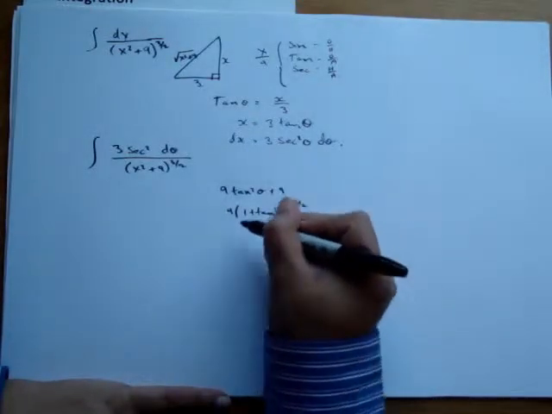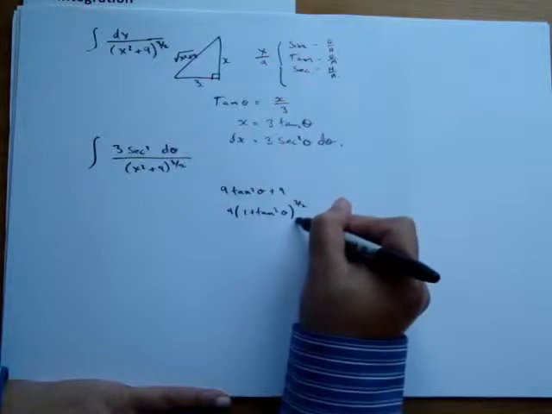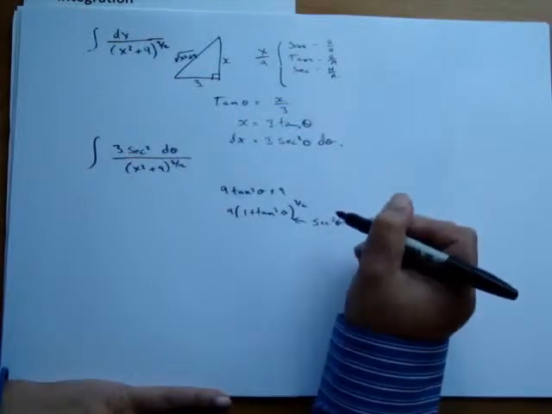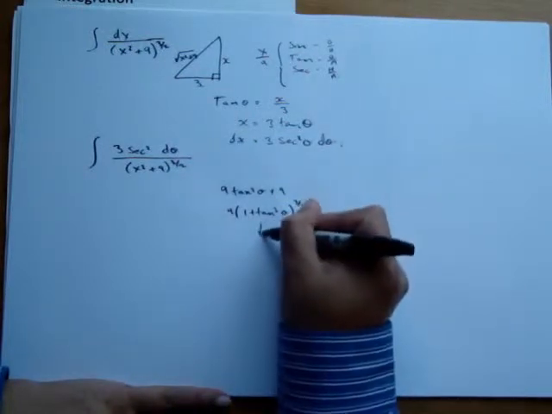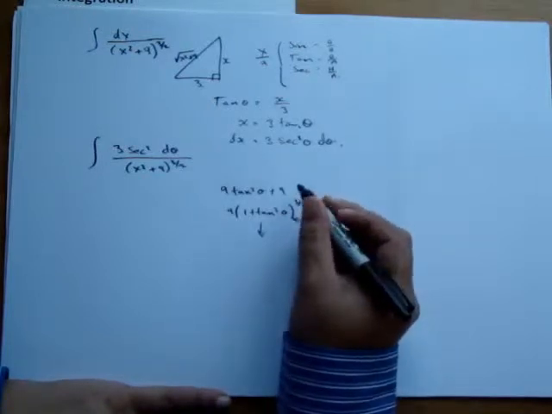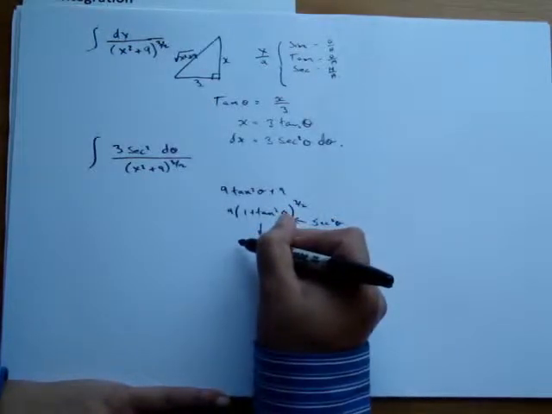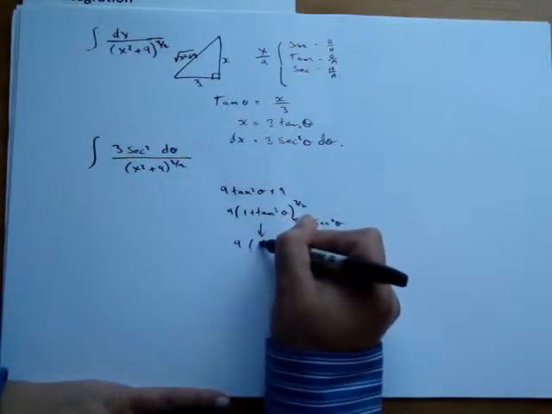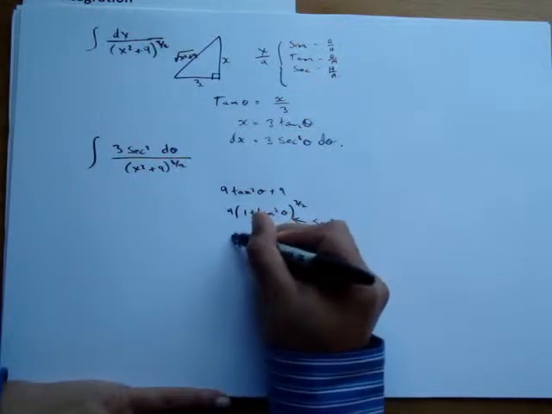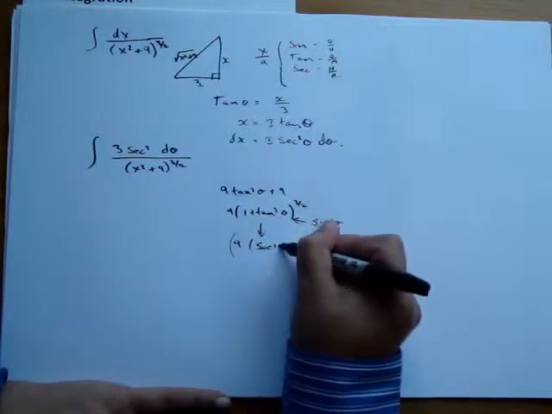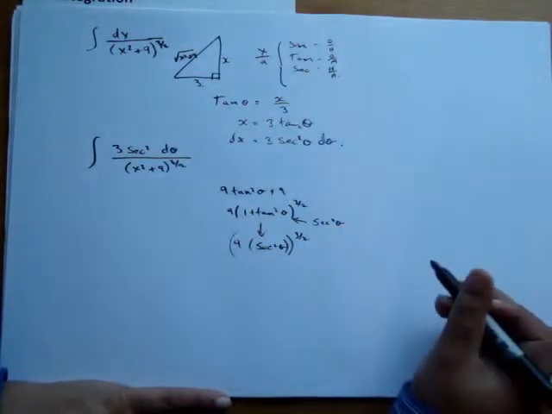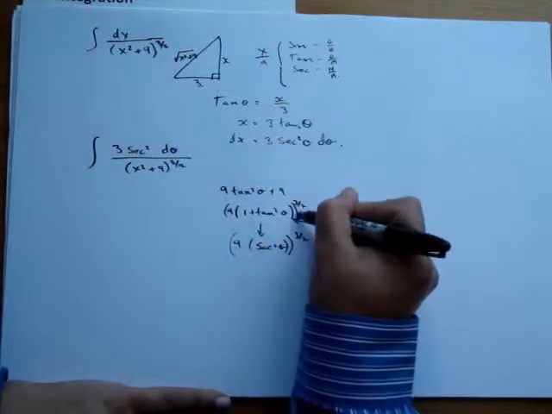This 1 plus tan squared theta is an identity that we can use, which is sec squared theta. So replacing 1 plus tan squared theta with our identity, we get 9 sec squared theta, to the power 3 over 2. Sorry, that should be brackets there.